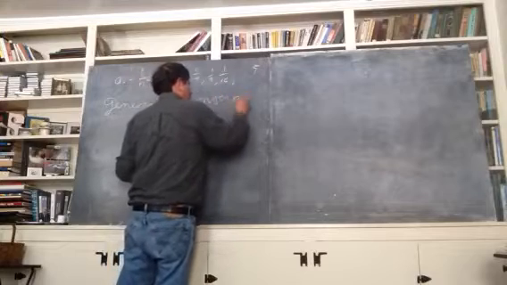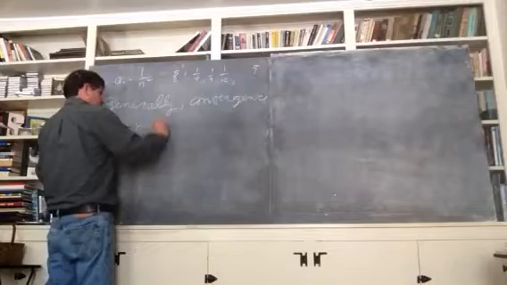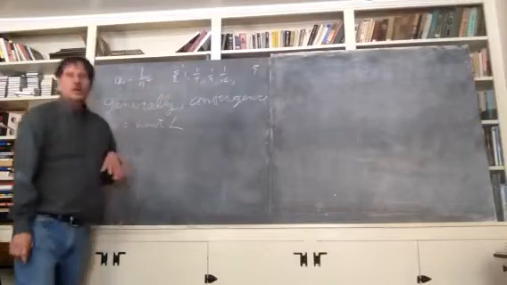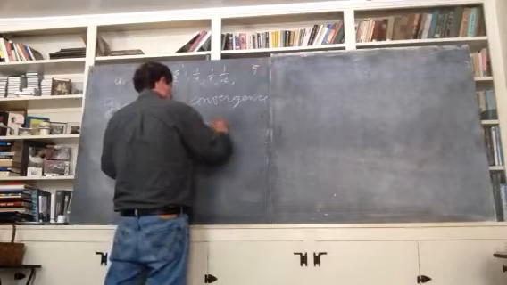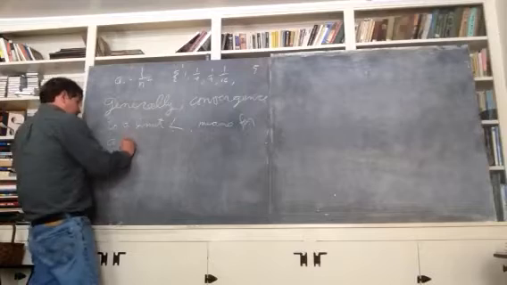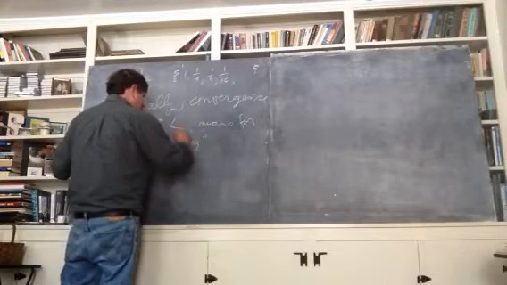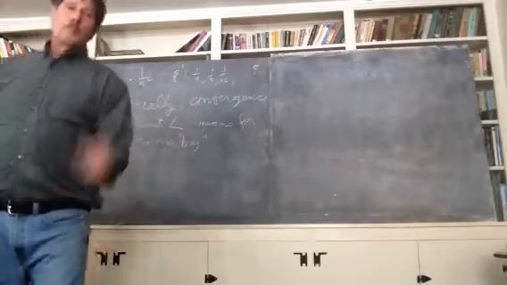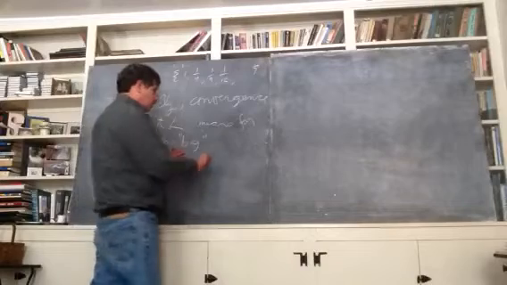Convergence to a limit L means that for n big, a sub n can be arbitrarily close to that L.